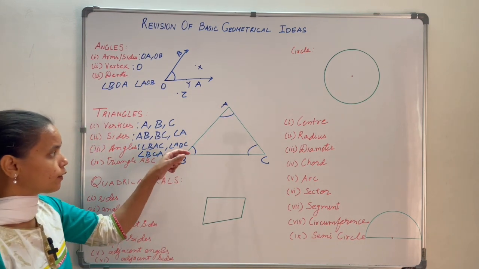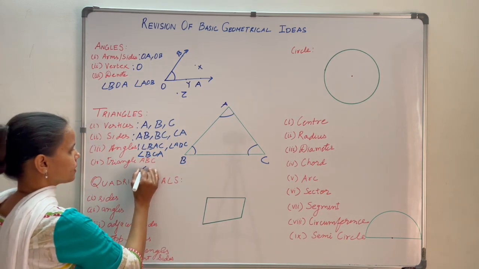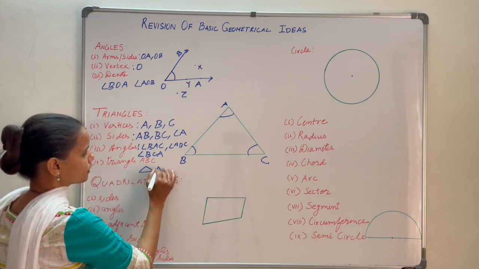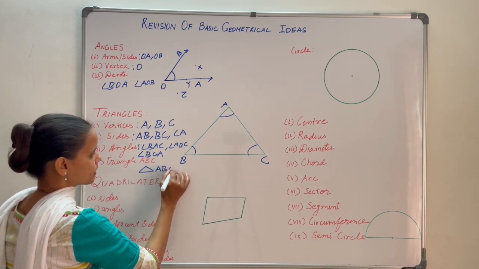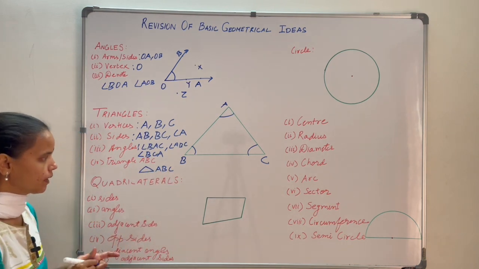And instead of writing triangle ABC, we represent it like this. We make a triangle symbol and we write the three vertices ABC. So this is read as triangle ABC.